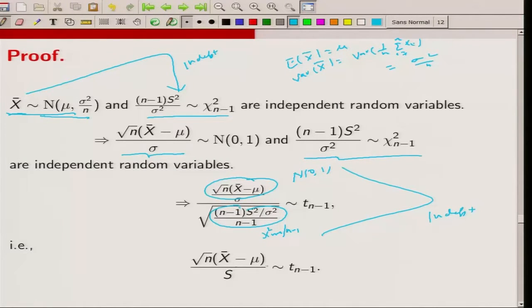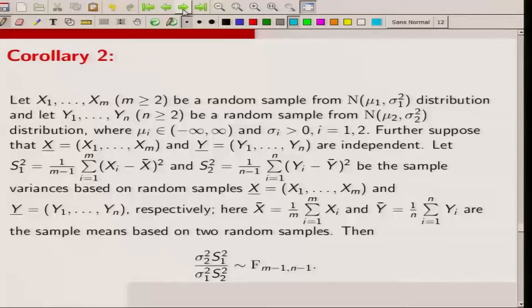So this is nothing but root n (x bar minus mu) by s, which is T n minus 1. So one knows how to get the T distribution with n minus 1 degrees of freedom from a normal distribution: root n (x bar minus mu) by s, where x bar is a sample mean based on IID random variables from normal(mu, sigma square), and s is the corresponding sample variance.